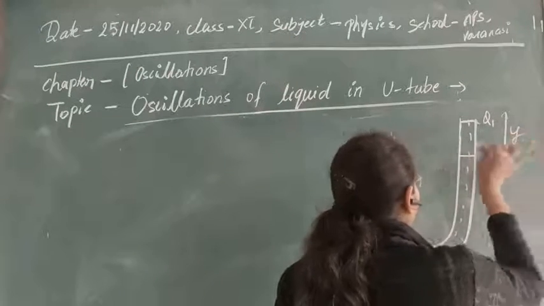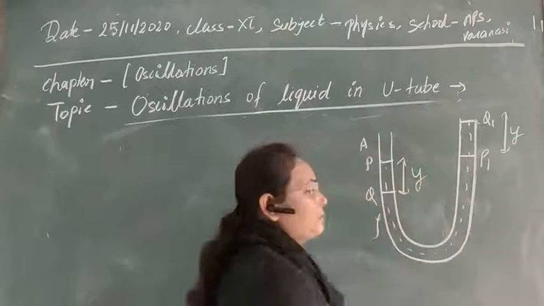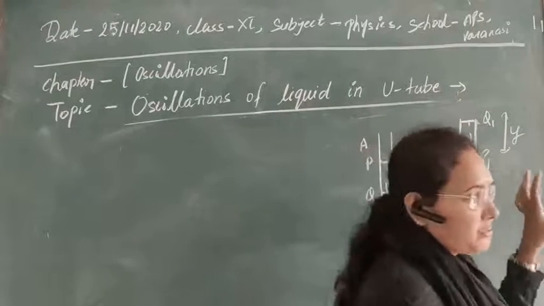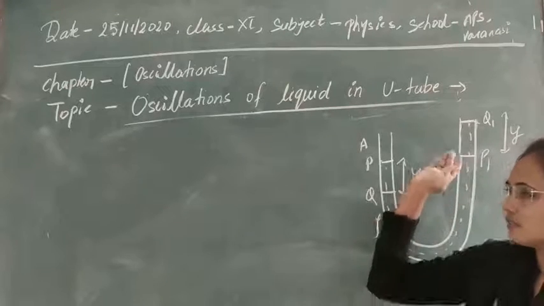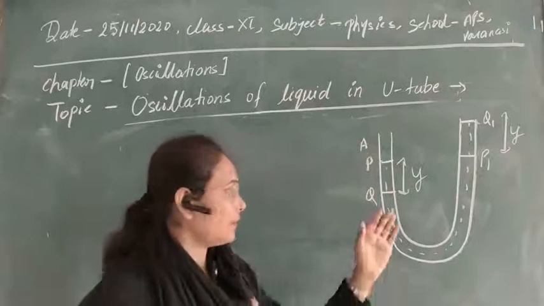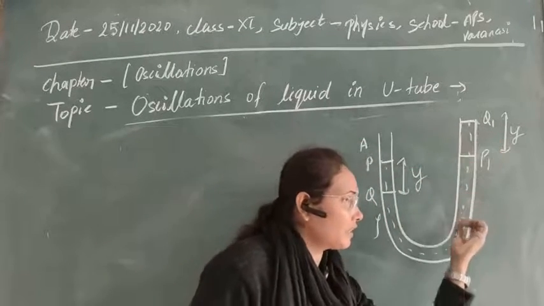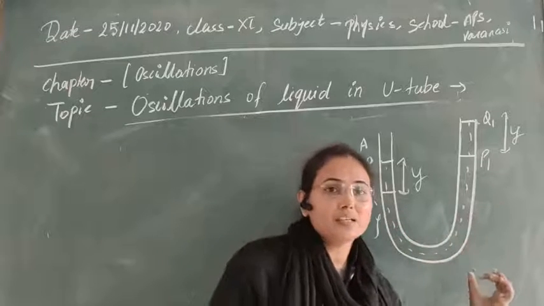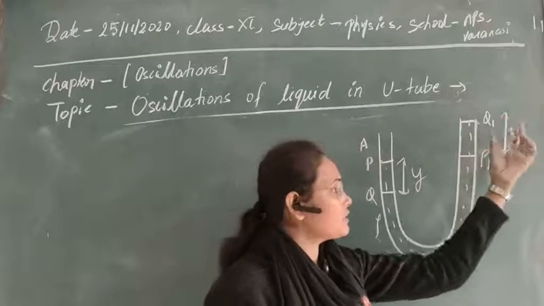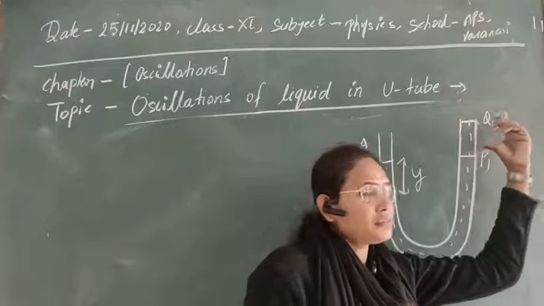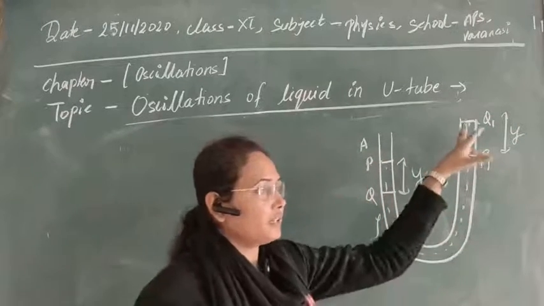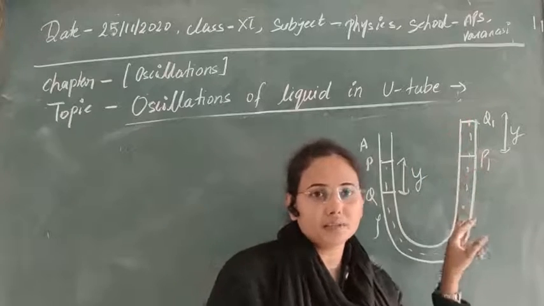Now we let this system oscillate, or we displace it by a displacement y. As you know, when we displace the system, it has some inertial property and some elastic property, and due to this elastic property the system will try to oppose any change in its configuration or position. If we slightly displace it from its equilibrium position, a restoring force will be set up in the system.